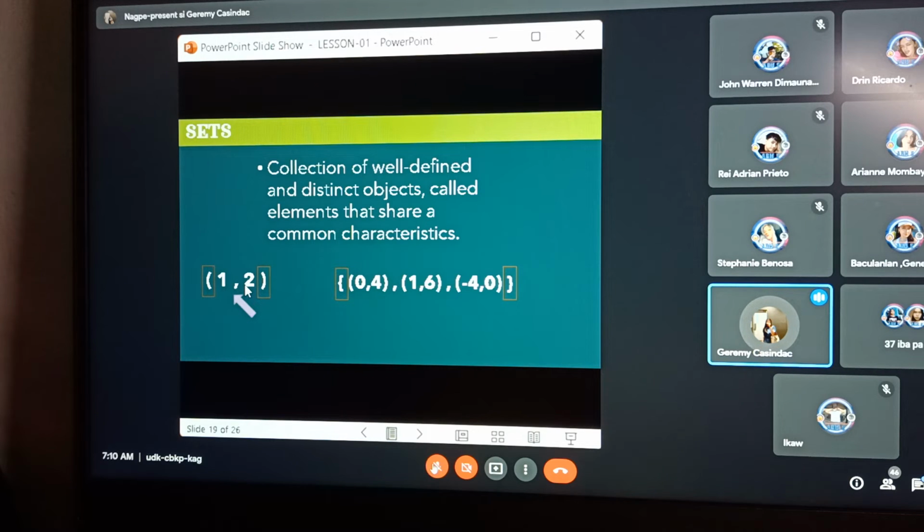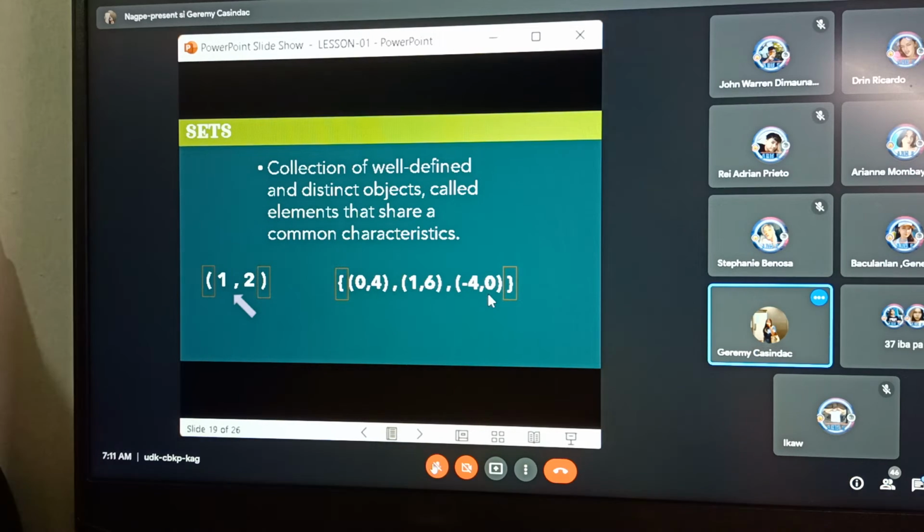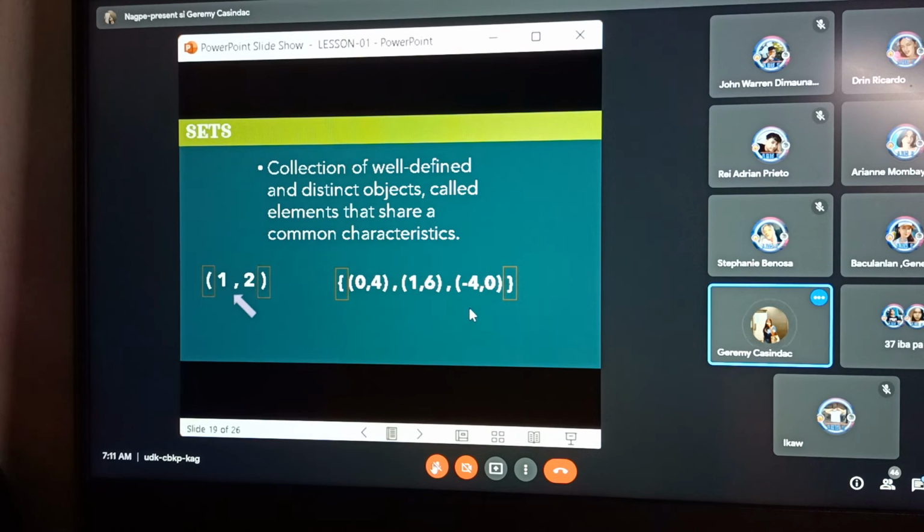Matatawag lang natin ang ordered pair na set if it consists of a group. So we have here the 3 ordered pairs, so that is considered as a group.